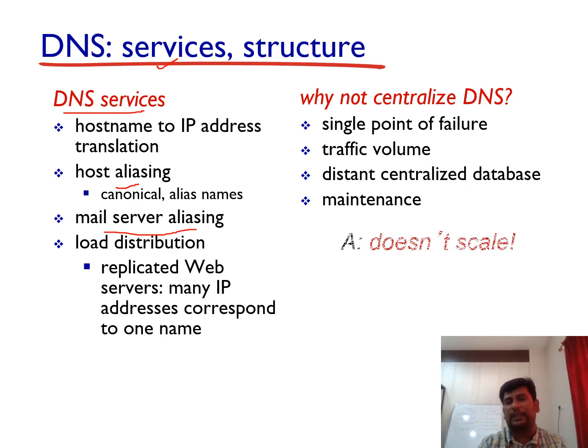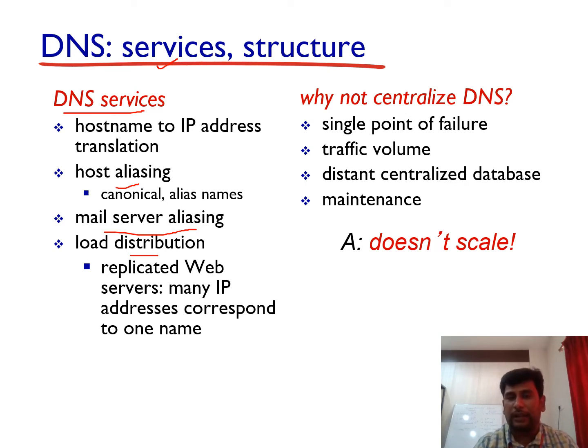And particularly in Domain Name System, what we are trying to adopt is load distribution. So we are trying to reduce the load on a particular server by implementing a distributed database. So why are we not working with a centralized DNS? In case of centralized, if there is a failure, the total DNS will fail.